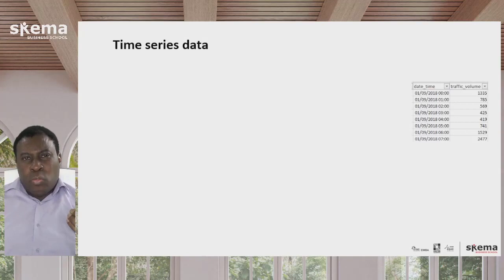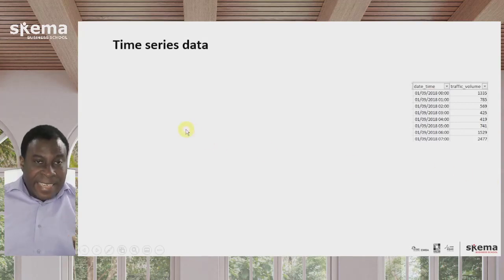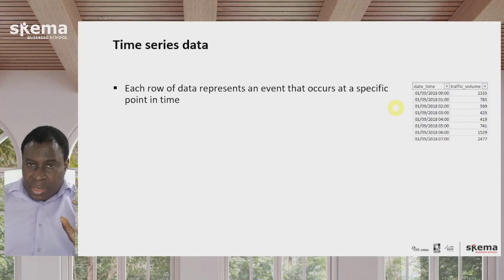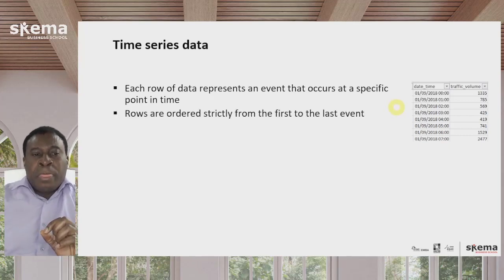First, we need to understand what time series data is. That is, what kind of data might you consider for time series analysis? In time series data, each row of data represents an event. And an event is something that occurs at a specific point of time. And this is a key issue, that each row is a distinct event of some sort.